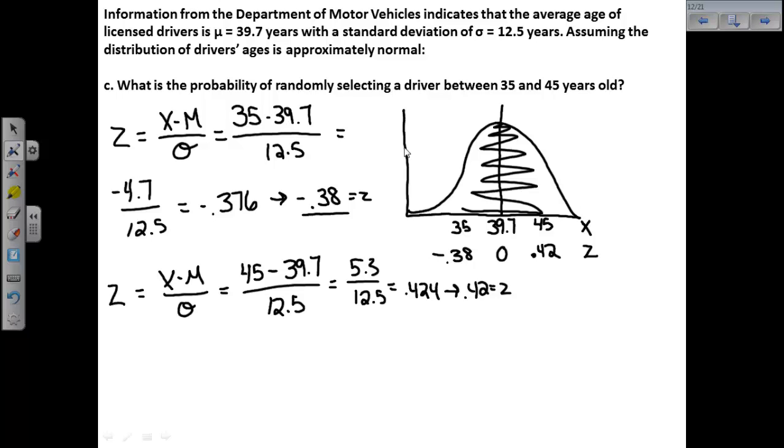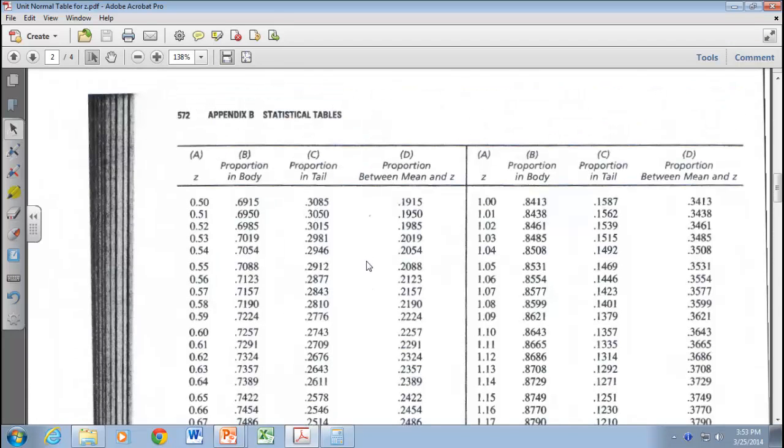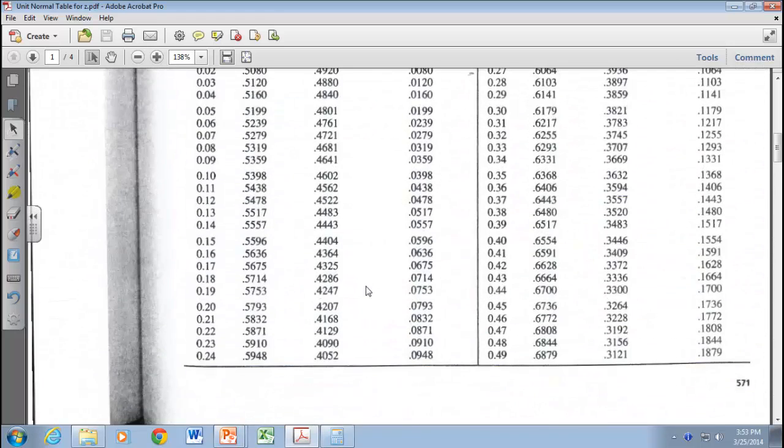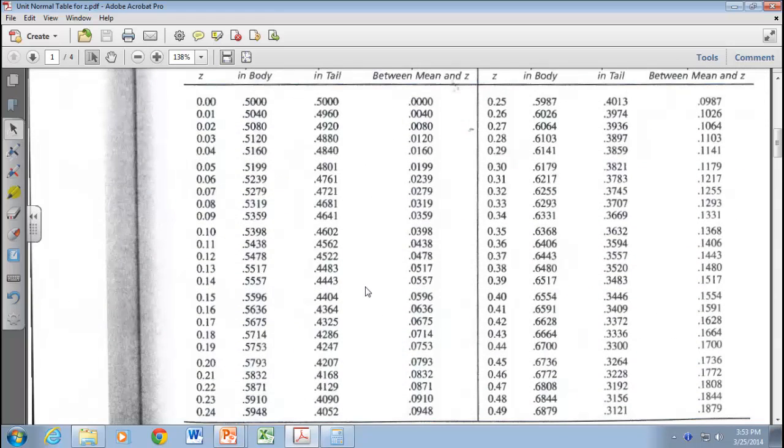So let's go ahead and find the proportion for mean to z for 0.38 and 0.42. So we're looking for a z-score first of 0.38. So 0.38, mean to z, 0.1480.